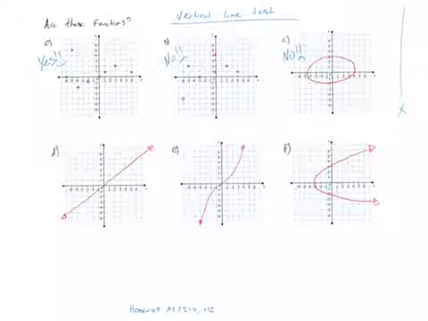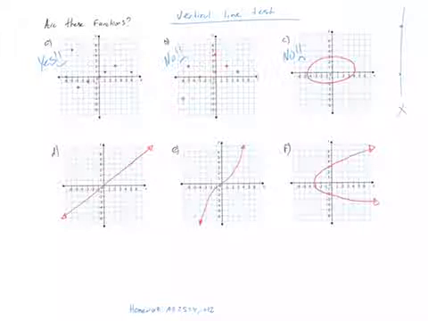If it only touches one point, or no points, then it is a function. Now just know that if any vertical line that I draw touches 2 points, then we say no, even if you can find some that only touch one.